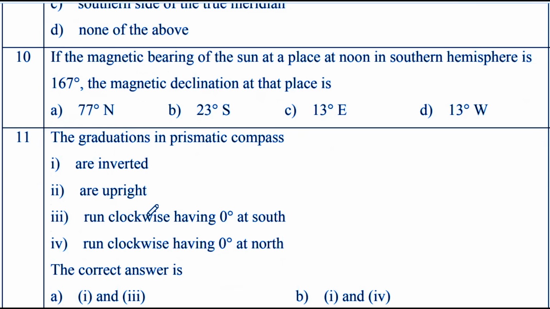If the magnetic bearing of the sun at a place at noon in the southern hemisphere is 167 degrees, the magnetic declination at that place shall be 180 minus 167 degrees, that is 13 degrees east.